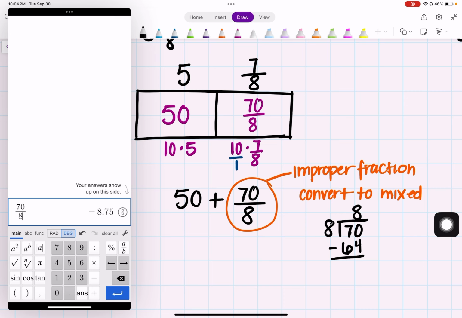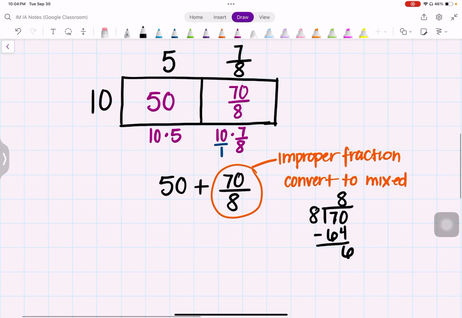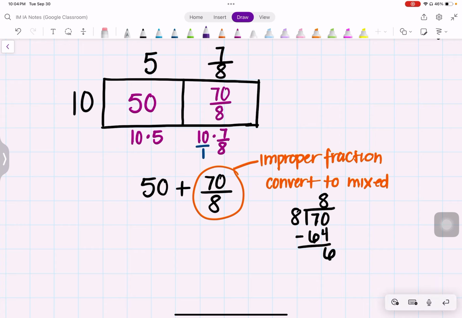Now, if I subtract this out, I actually get a 6, right? We get a 6, and 8 can't go into 6, so when it comes to the mixed fraction, this one here is going to represent the whole number. This one here is going to represent the numerator. And this one here is going to represent the denominator.